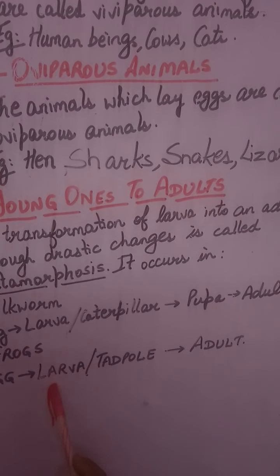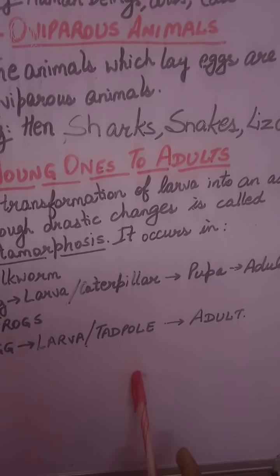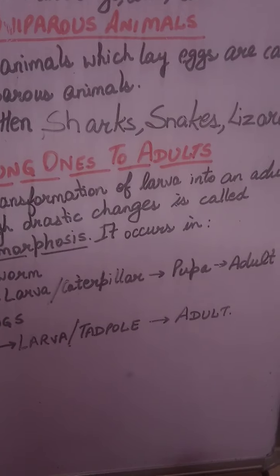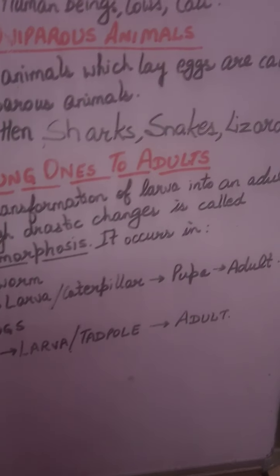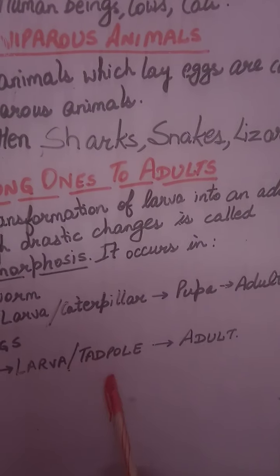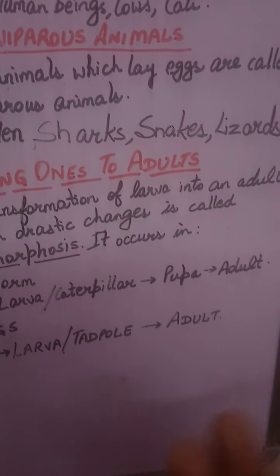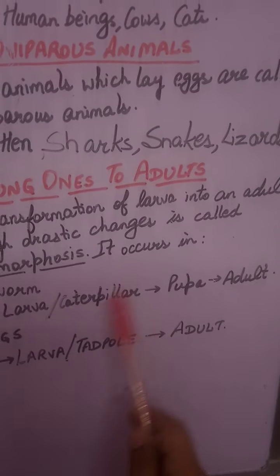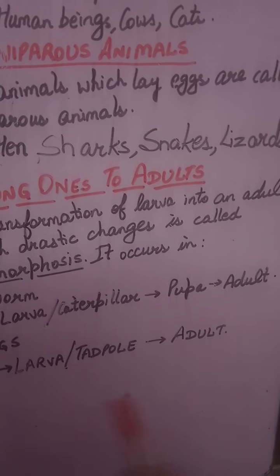In the case of frogs, the tadpole just appears to be a flat thin structure, green or black in color. It appears to be a flat leaf like structure, but slowly it becomes an adult frog. So the development is very drastic.